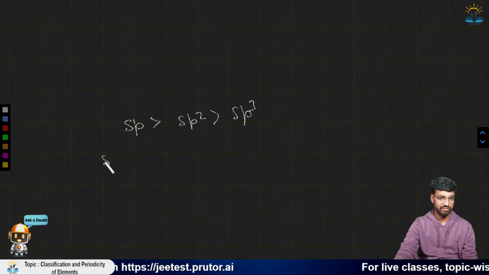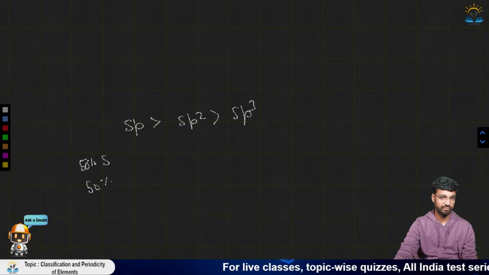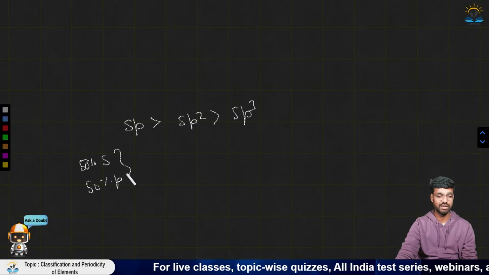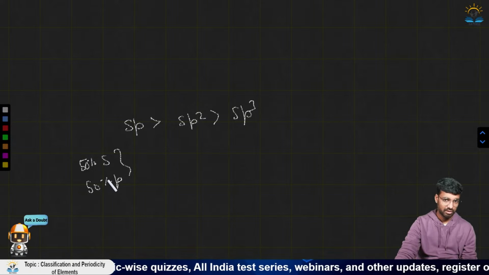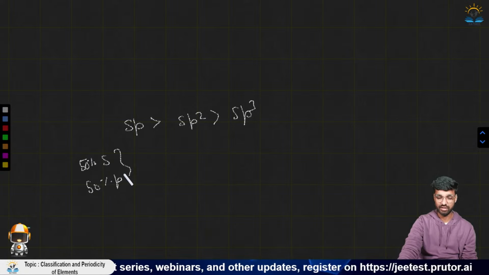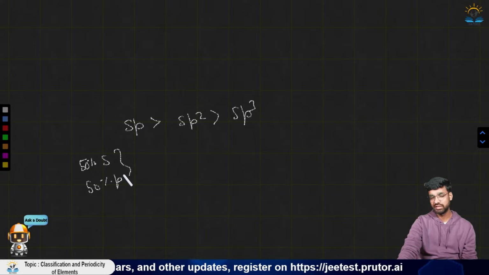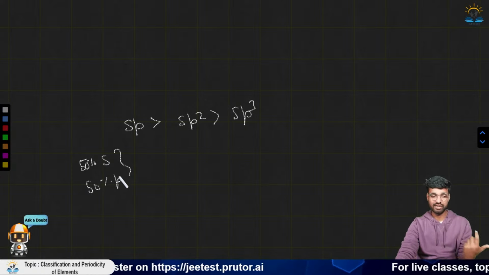So sp has 50% s character and 50% p character. Now the reason is that the s orbital is more electronegative because it is more penetrated toward the nucleus because of its spherical size and less diffuse shape. Due to this, it has greater s character, and greater s character means greater electronegativity.